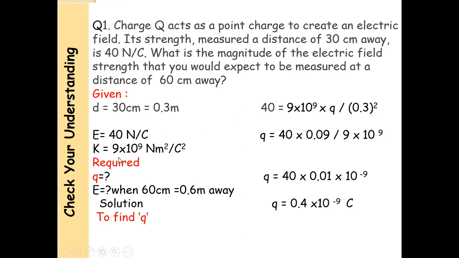The value of k is 9 into 10 power 9. q is the charge, which we need to calculate before calculating the strength at a distance of 60 centimeter. This is at a distance of 30 centimeter. So first we are going to find the magnitude of the charge. The charge is found to be 0.4 into 10 power minus 9 coulomb by applying E is equal to kq upon d square.